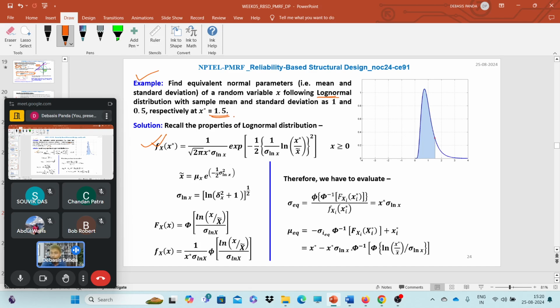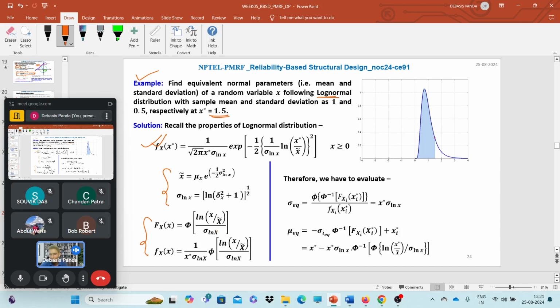The reference point is important: if we change it, the parameters of the equivalent normal distribution will change accordingly. For the log normal distribution, we know the PDF and these are the two parameters of the distribution. We have also seen how to calculate the PDF and CDF for the log normal distribution using the standard normal variate.